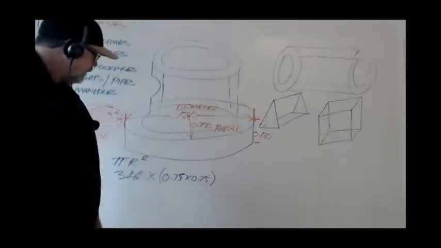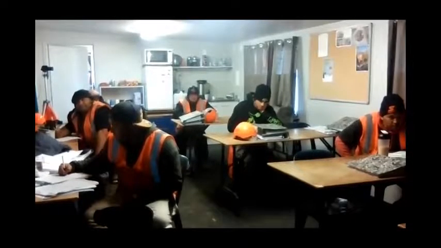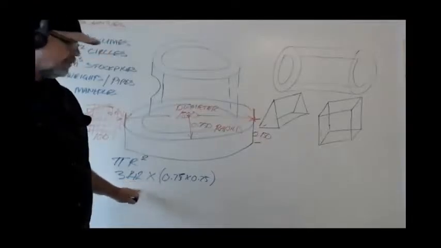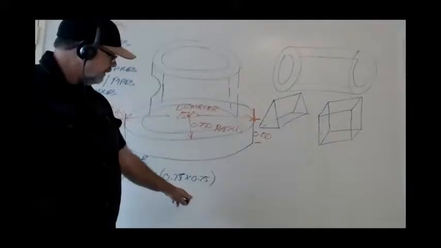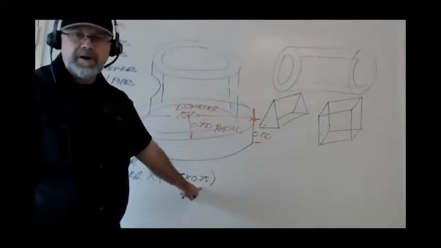Okay. So what you can see here is we've got 3.142 multiplied in brackets 0.75 times 0.75. Okay.